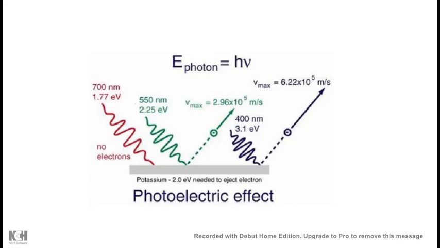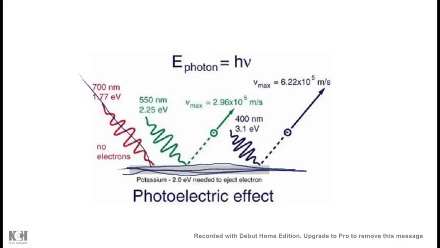This little diagram here, the thing that happens here: we've got a plate of potassium illustrated here, and we're shining different coloured lights on. So if we shine red coloured light that has a wavelength of 700 nanometers at 1.77 electron volts, then that doesn't have any effect on the potassium.